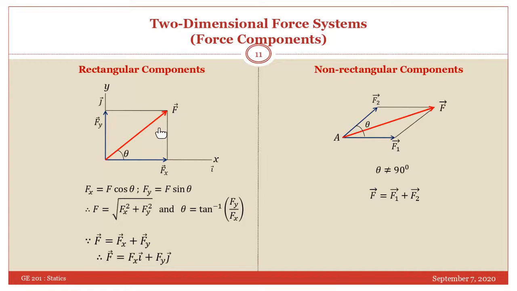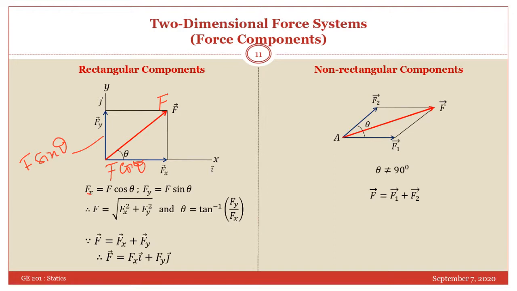So suppose this force, let's talk in terms of scalar approach, is making an angle theta here. So this we have discussed, that on the angle side is always cosine. And this will be F sine theta. Okay. So your Fx is F cosine theta and Fy is F sine theta.